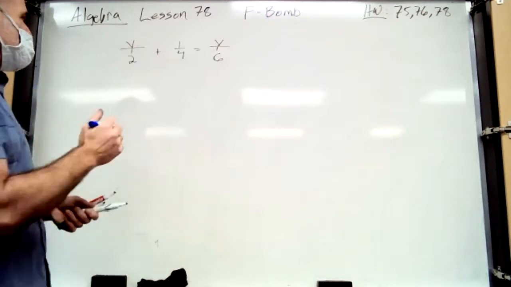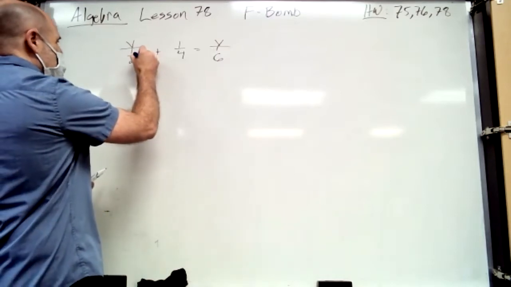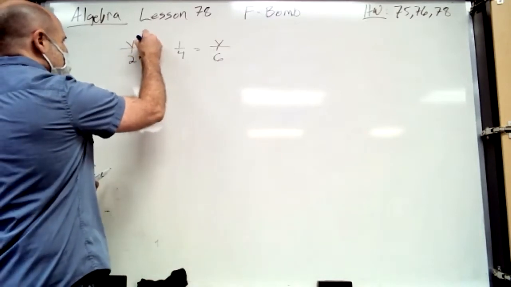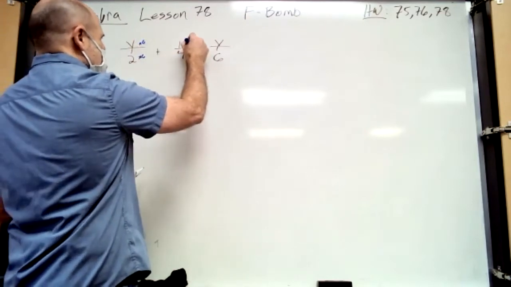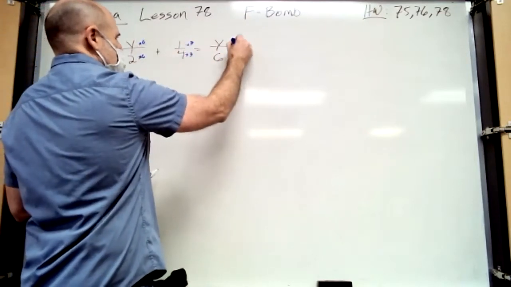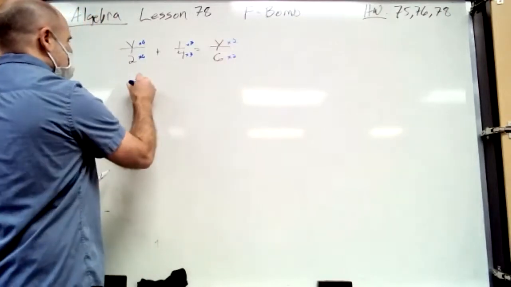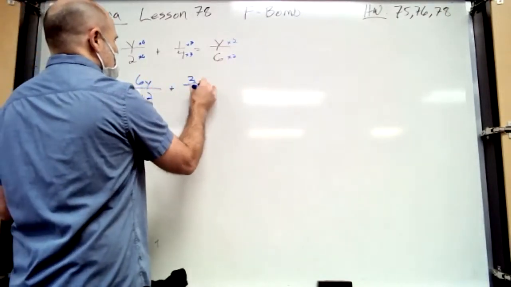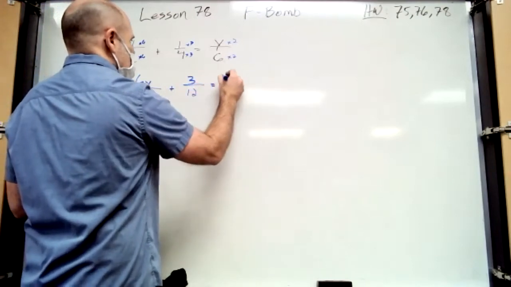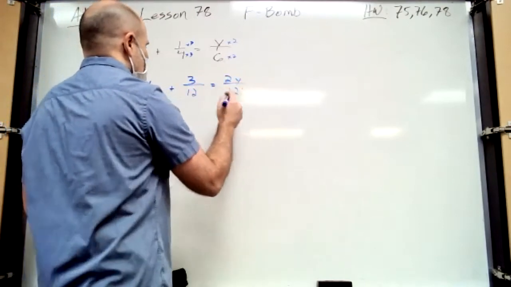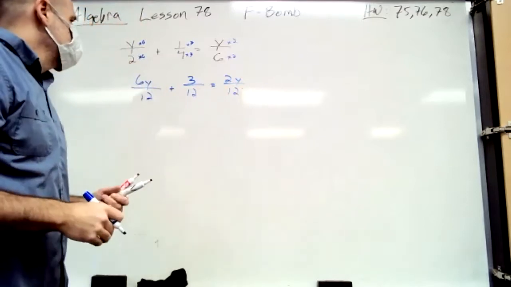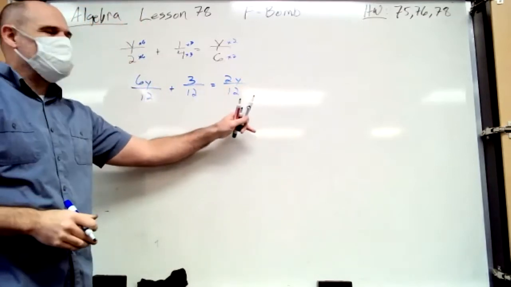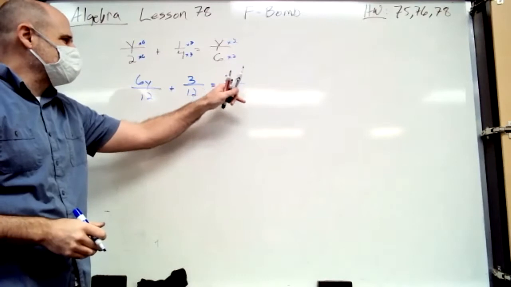They all go. So if I change this all to 12, I'm going to multiply this by 6, this by 3, this by 2. So then I get 6y over 12 plus 3 over 12 equals 2y over 12. And then now I've got to get rid of the smaller variable term. It looks like this guy is smaller.